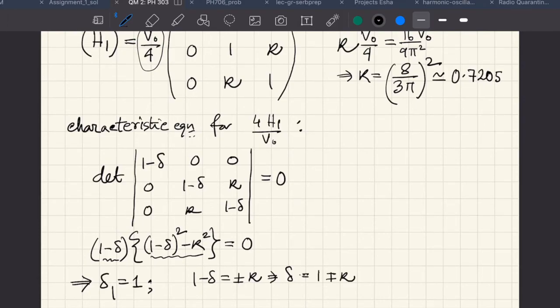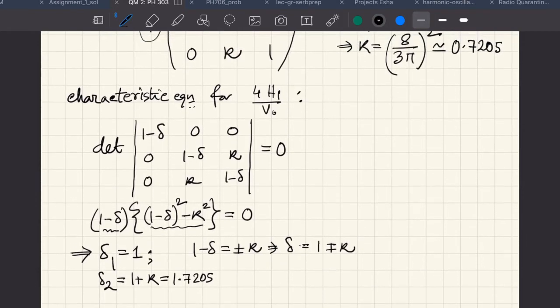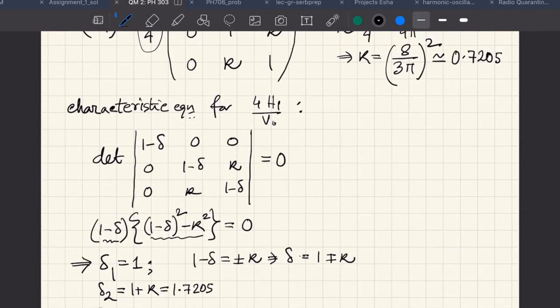Let us write the three distinctly. Delta 2 is equal to 1 plus kappa, and this is nothing but 1.7205, and delta 3 is 1 minus kappa, which is roughly 0.2795.